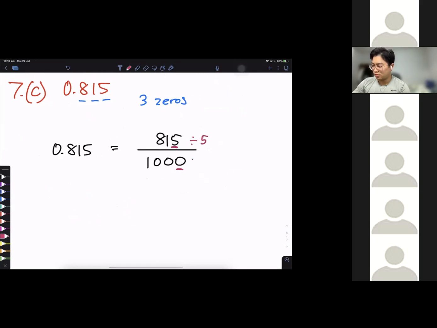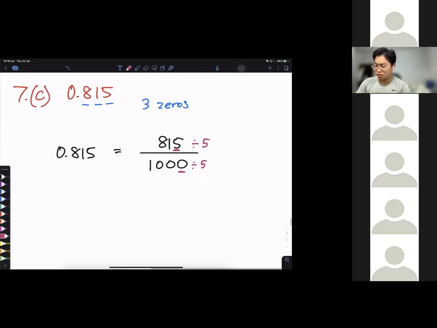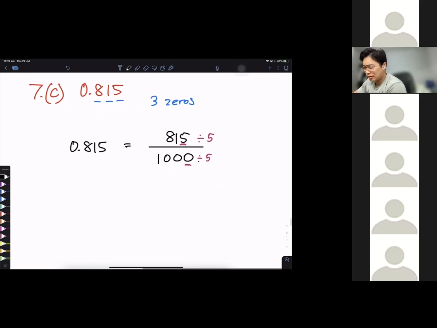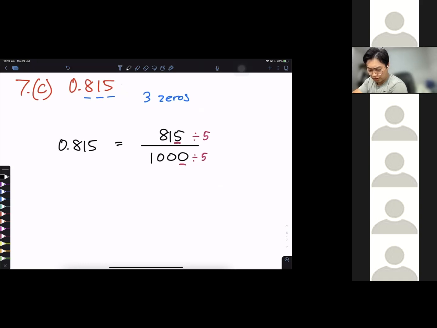So remember, when we're simplifying fractions, we're trying to divide it so the numbers at the top and the bottom get smaller, but this proportion stays the same. So they're still equivalent fractions. Remember that word equivalent? They're the same or equal in amount, but the numbers are more simple, more basic, okay?